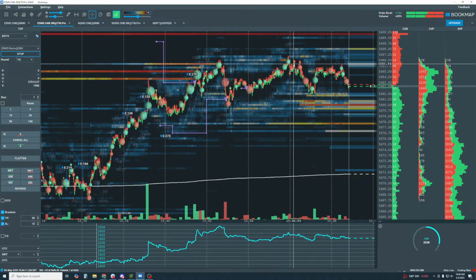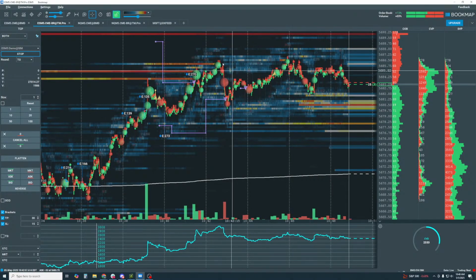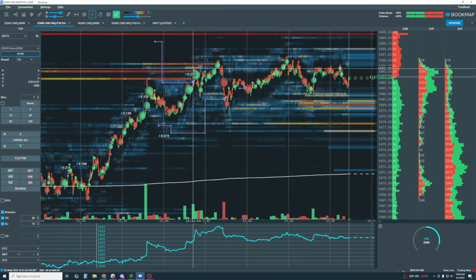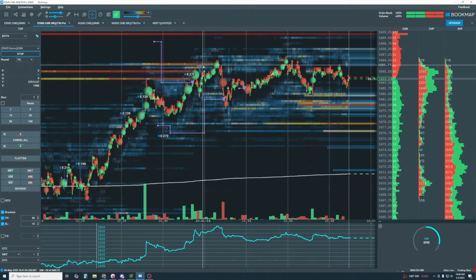All right, we're just kind of chopping around again in this zone after trading up into this high liquidity in here.